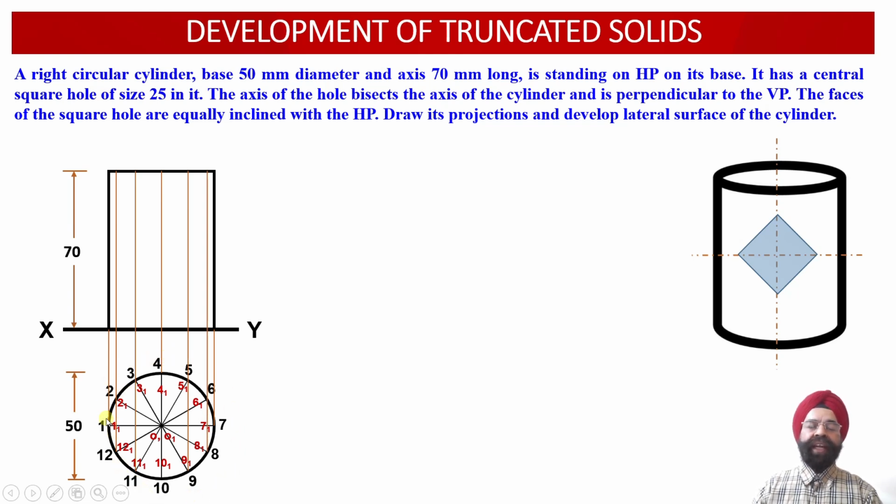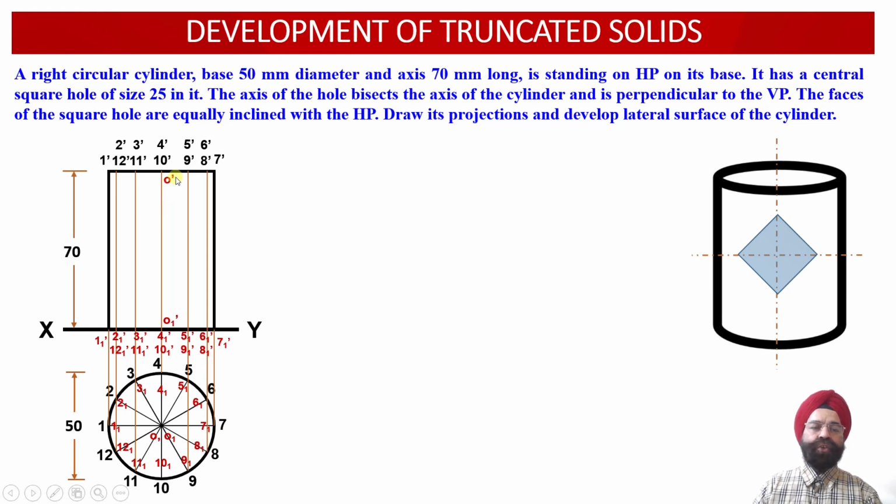This way we have marked the 12 points of the top face at a height of 70 mm above the XY reference line, while the 12 points corresponding to the base are marked onto the XY reference line, and the axis points O dash and O1 dash corresponding to this cylinder we have also evaluated into the front view projections.